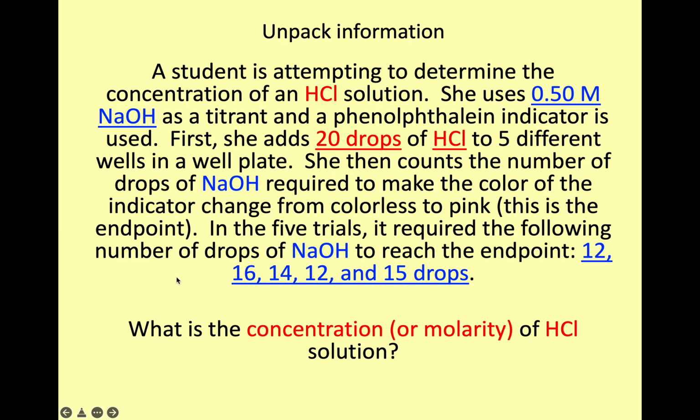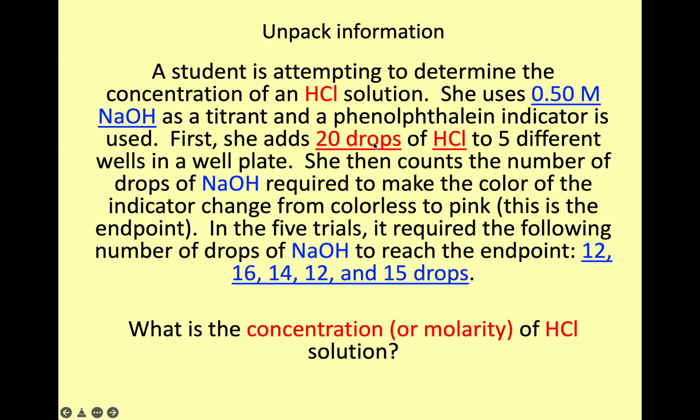So let's unpack some information real quick. I've color-coded it here. I know it's a very long problem, but we know that we're looking for the concentration of HCl, and concentration is molarity. We're given the molarity, or concentration, of our base.